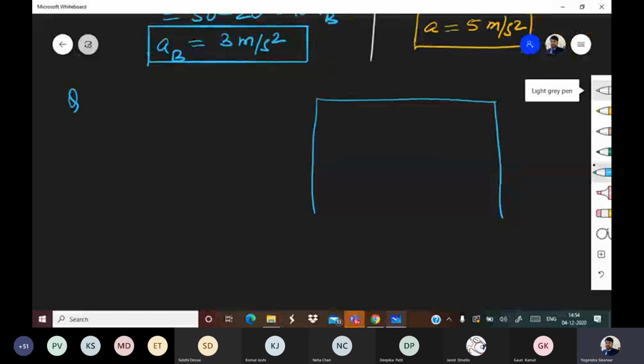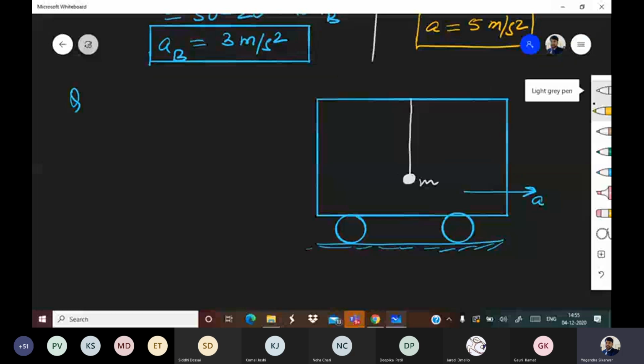Now due to this acceleration, what will happen? The object will go slightly backward and it will be here.